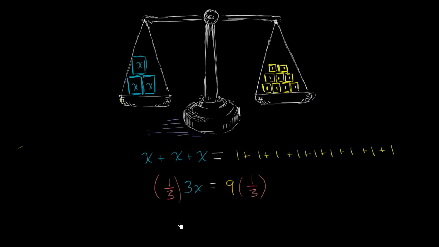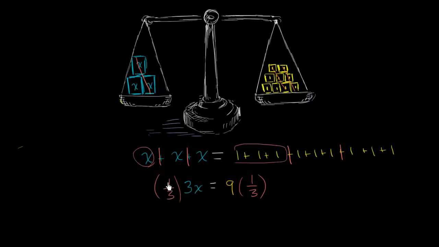When you multiply both sides by 1/3, visually over here, if you had 3 x's and you multiply by 1/3, you're only going to have 1 x left. If you have 9 of these 1 kilogram boxes and you multiply by 1/3, you're only going to have 3 left. And over here, if you divide by 3, which is the same thing as multiplying by 1/3, you have x is equal to 1 plus 1 plus 1, and x is equal to 3.